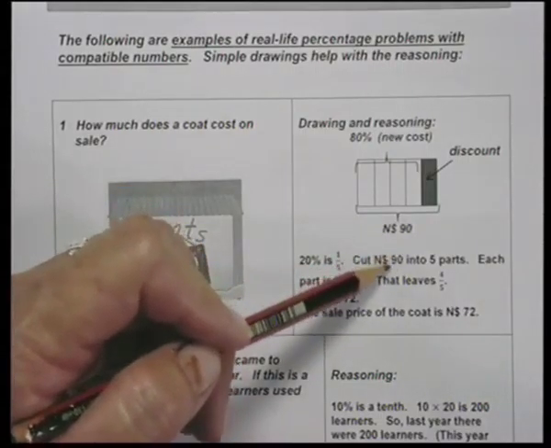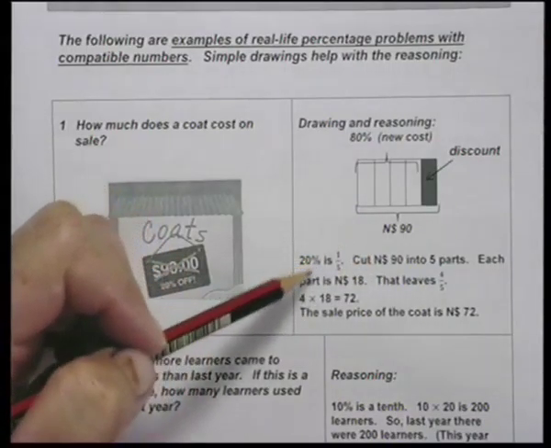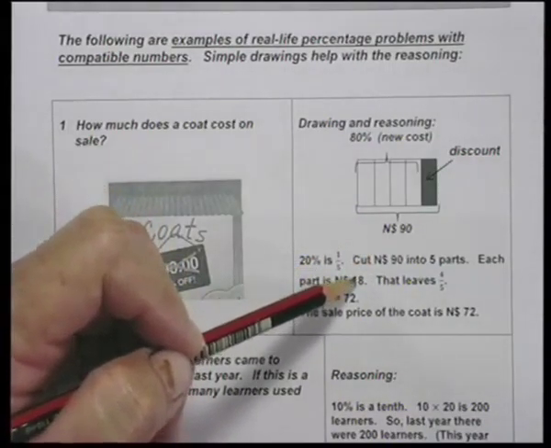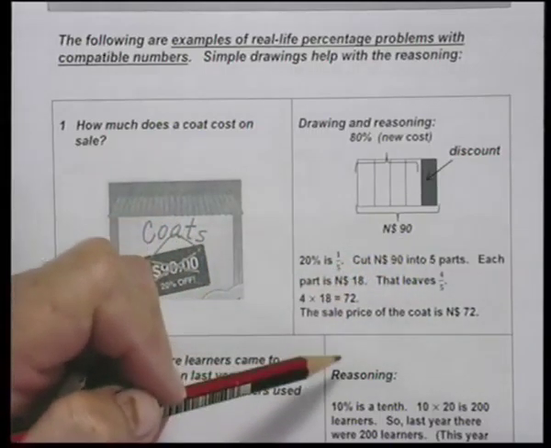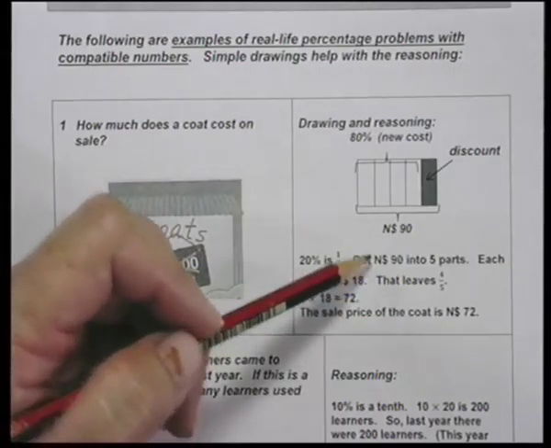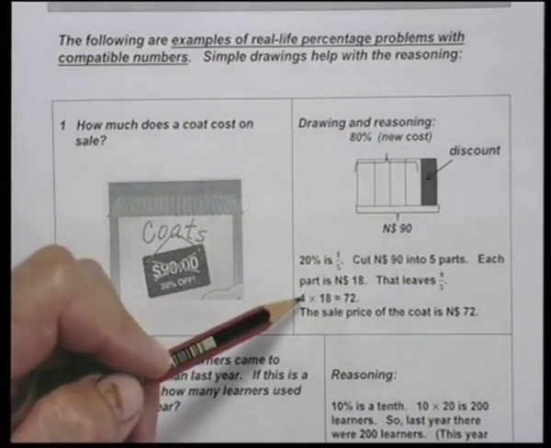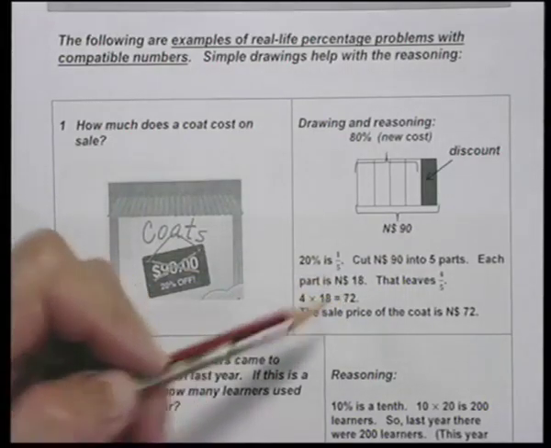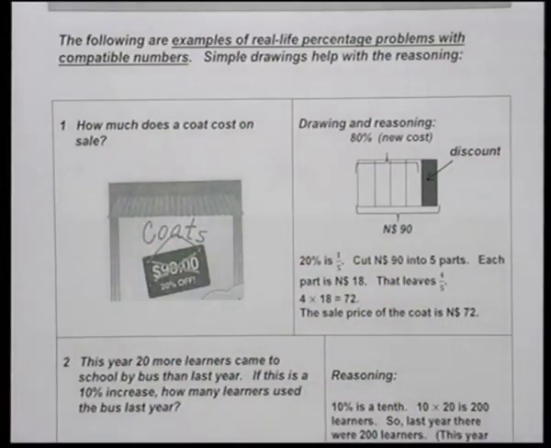So $90 it was. We must cut into 5 parts. And each part is now 18. We can say 90 divided by 5 is 18. 18 times 5 is 90. So that leaves us with 4 out of 5. So what is 4 times 18? 72. The sale price of the coat is now $72.